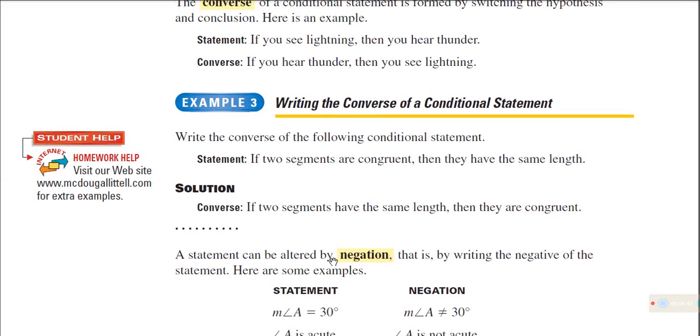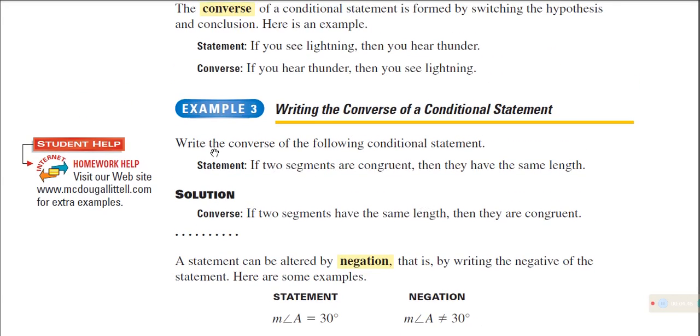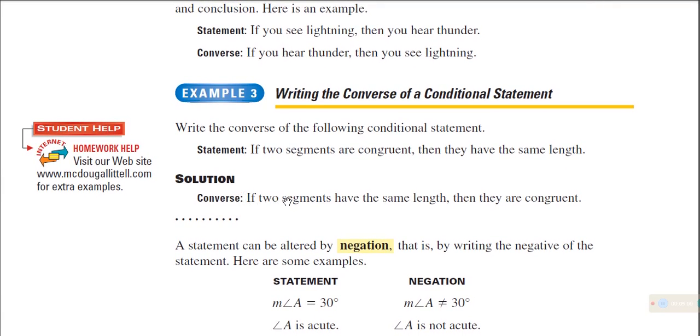So, yung mga example dito, if two segments are congruent, then they have the same length. So, I assume na naiintindihan nyo na siya agad-agad? Since ito rin yung mga ginamit yata natin before eh. So, if two segments have the same length, then they are congruent. So, converse, baligtarin si if and then.